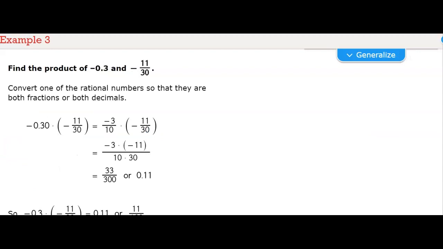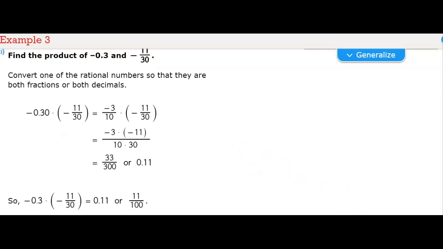Find the product of negative 3/10 and negative 11/30. Convert one of the rational numbers so that they are both fractions or both decimals. So they are showing us taking the negative 30 hundredths and making it into a fraction. They took that and made negative 3/10 because 3 is in the tenths place. You can go ahead and use that as how to convert to the fraction.